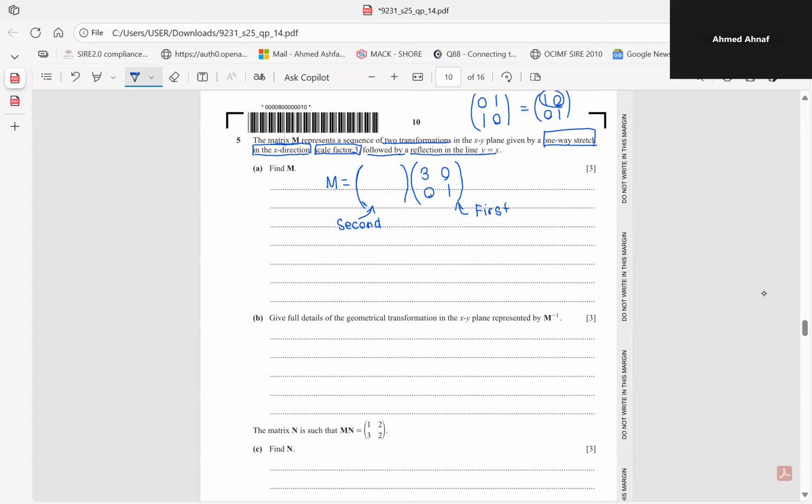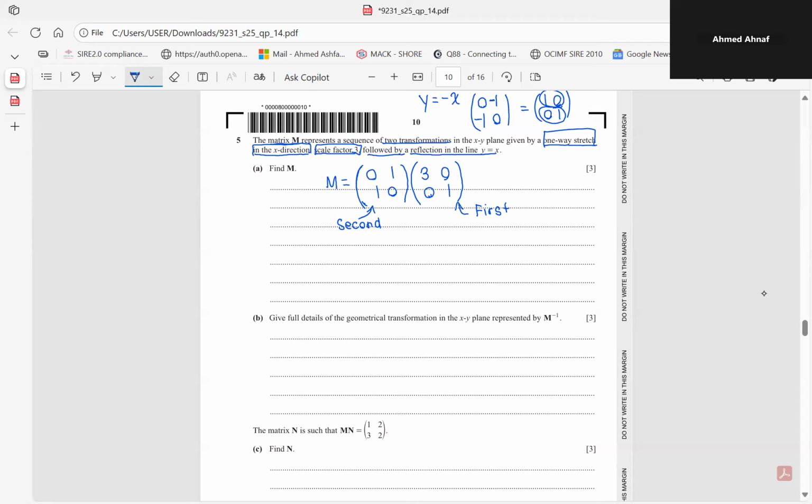So for the first row, the 0 and 1 switch places, and same for the second row. And then for reflection in the line y equals minus x, the ones become minus 1. Yeah, so this is how I remember this. So this is 0, 1, 1, 0.